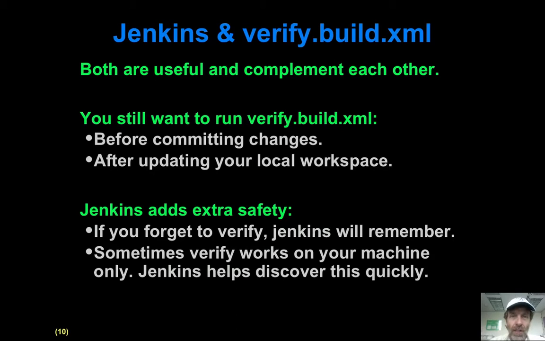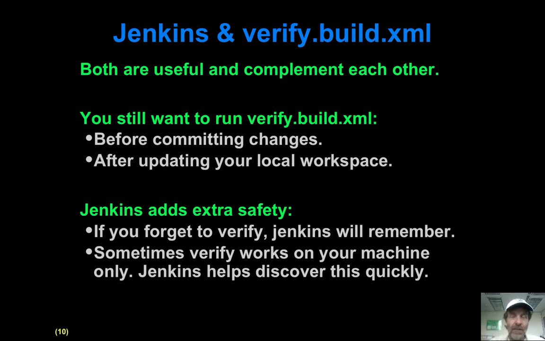Verify runs like a dream on your local environment, but you forgot to SVN add that class file, so that when you commit your changes, you're forgetting to commit that new class file that you've just defined. So on the repository side, the system won't even compile anymore, but you don't know it because locally you can run verify just fine.